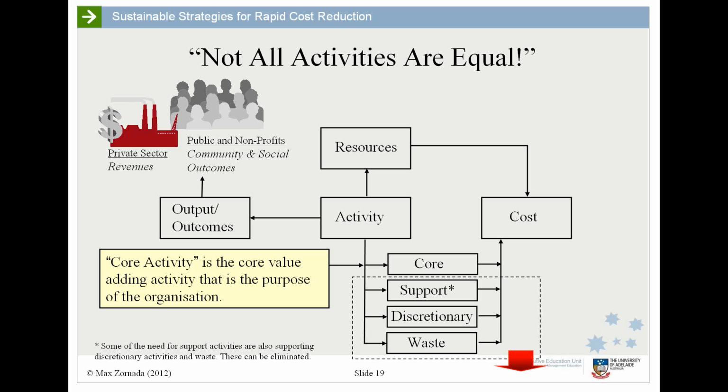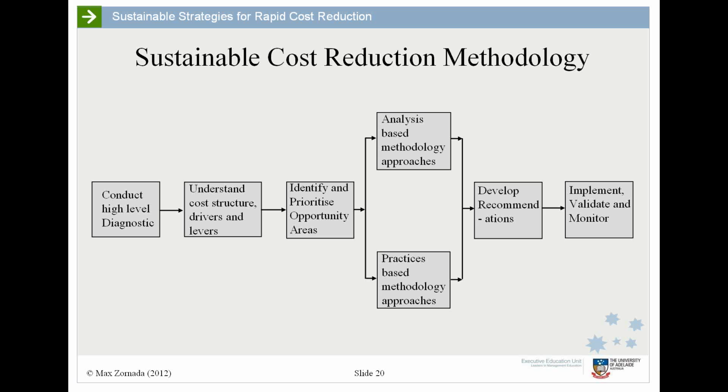So by reducing waste, we reduce the need for as much support. That's just one fairly straightforward example. But there are lots of areas around the organisation where significant support costs exist because of the existence of discretionary and wasteful activities.